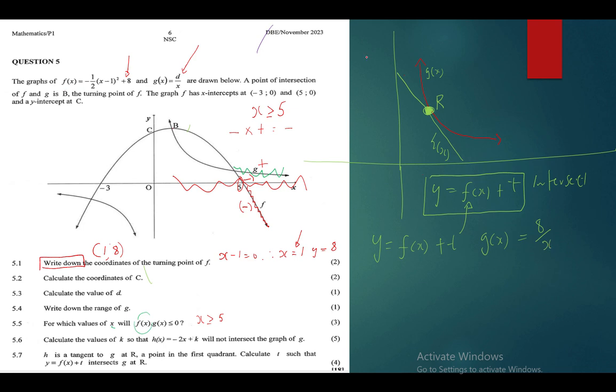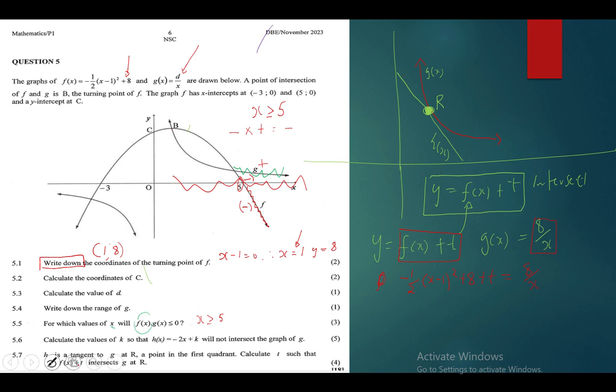And we know that if the two functions intersect, you can equate this part, f of x plus t, with this part, 8 over x. So you can say f of x, but we know what f of x is, right? f of x is minus a half (x minus 1) squared plus 8, plus t, I'm equating it to 8 over x.